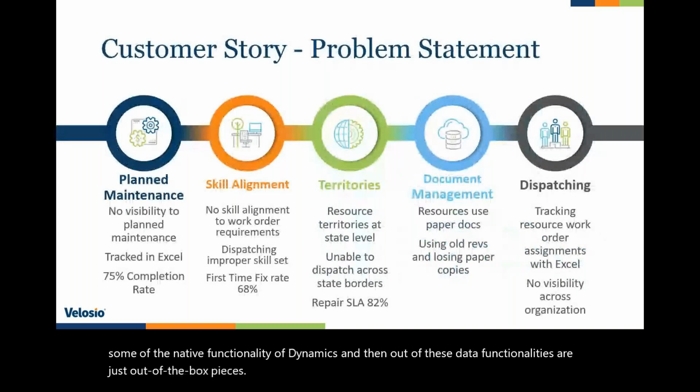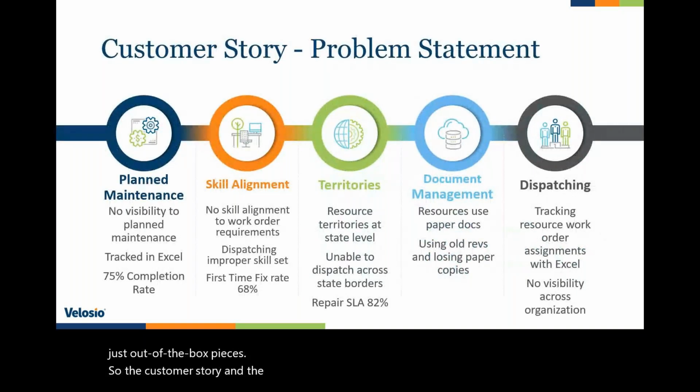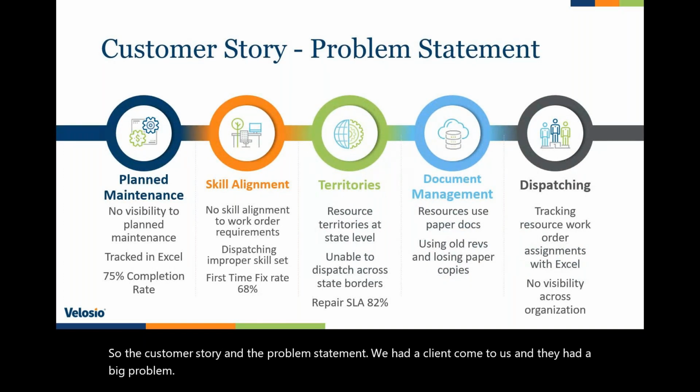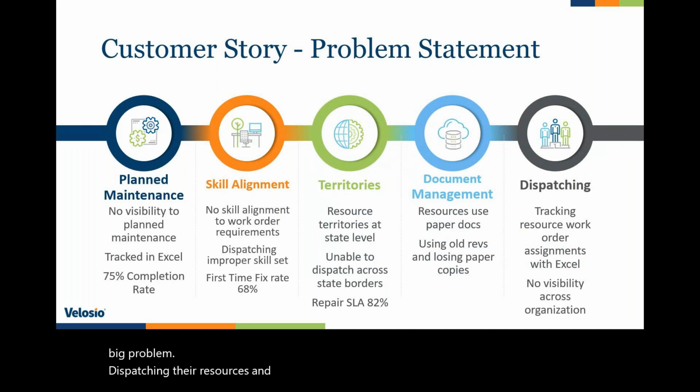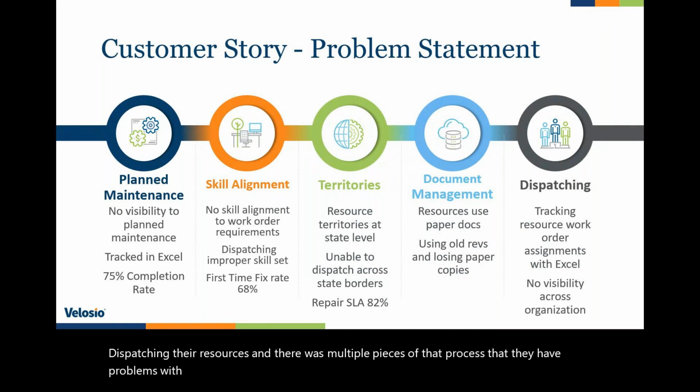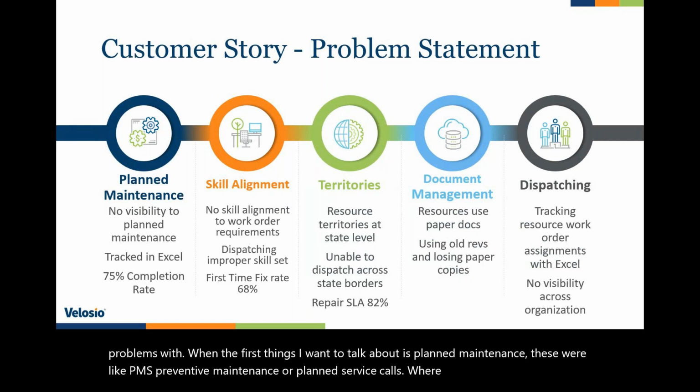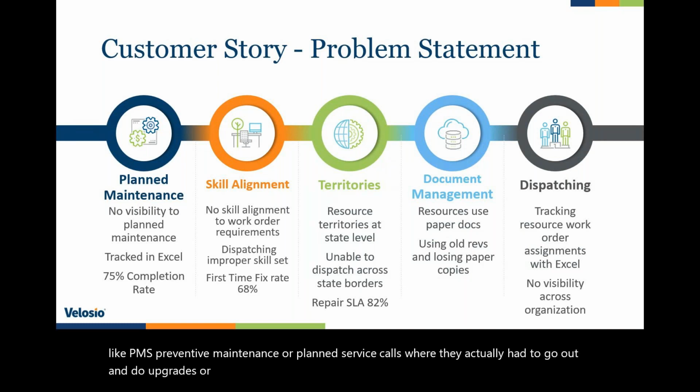So the customer story and the problem statement: we had a client come to us and they had a big problem dispatching their resources, and there were multiple pieces of that process that they had problems with. One of the first things I want to talk about is planned maintenance. These were PMs, preventive maintenance, or planned service calls where they actually had to go out and do upgrades or items like that.